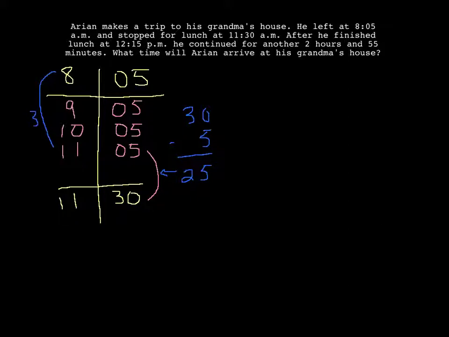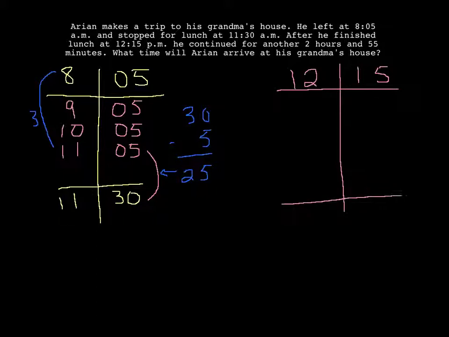So it took 3 hours, 25 minutes as we drove to get to lunch. And then we didn't start back up until 12:15. So at 12:15, we started moving again on the road, and we went for 2 hours, 55 minutes.